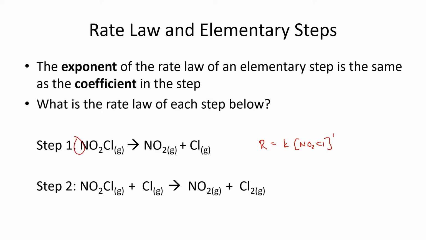And then for the second step, the rate law will be the constant times NO2Cl, but also the chlorine on its own, the chlorine radical. Since both of those exponents are ones, you don't have to write the ones. So there you go, the coefficients match the exponents in the rate law for each step.